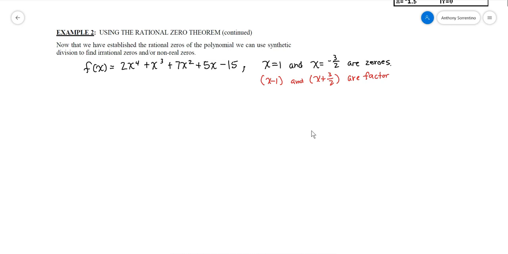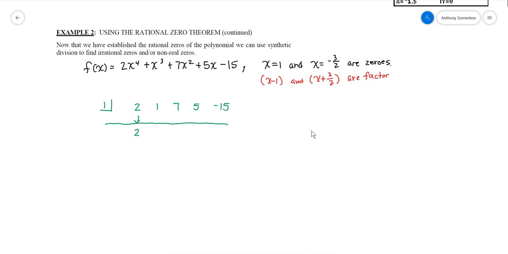So I'm going to rewrite the coefficients. I have a 2x to the fourth, a 1x cubed, a 7x squared, a 5x, and a minus 15. So no missing x terms. And I'm going to do the 1 first. Doesn't matter which one I do first. So basically this division is going to factor out the x minus 1.